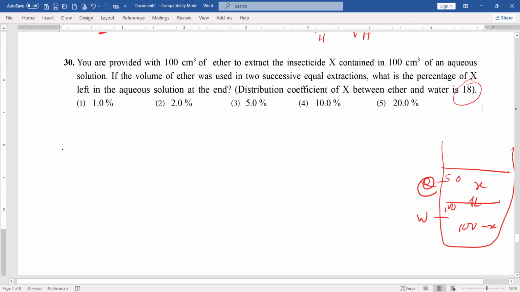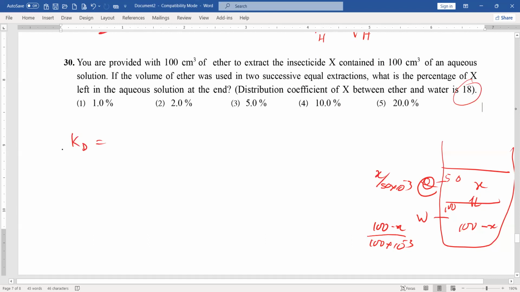The concentration of that insecticide is x divided by 50 times 10 to the power minus 3. Here, it is 100 minus x over 0.1. Then the KD.